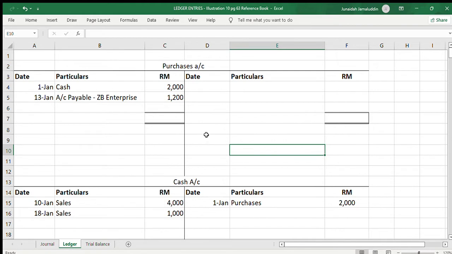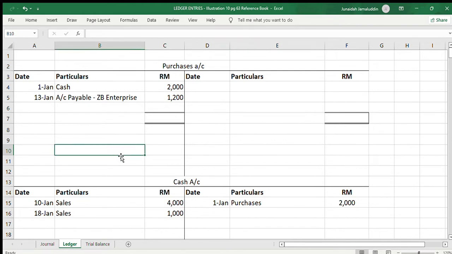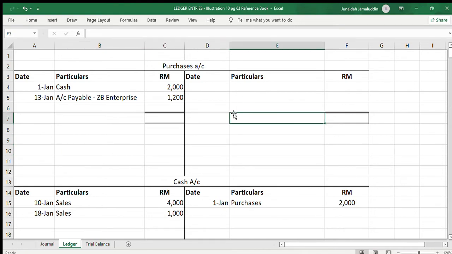Now I'm going to show you how to balance off or close off all the ledger accounts. As we can see here, the first ledger account is the purchases account. Madam akan tunjukkan how to balance off this ledger account.